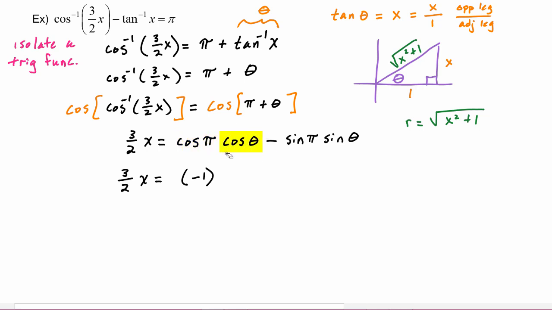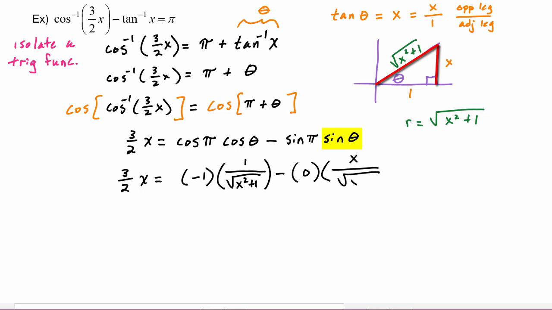The cosine of theta is going to come from our picture, and it would be adjacent over hypotenuse, so we get 1 divided by radical x squared plus 1, minus the sine of pi, which we know is 0, and the sine of theta comes from our picture, opposite leg divided by hypotenuse, so x divided by radical x squared plus 1.